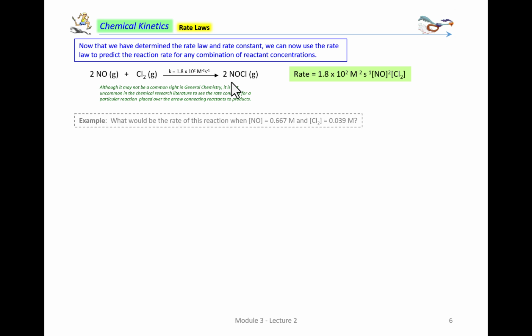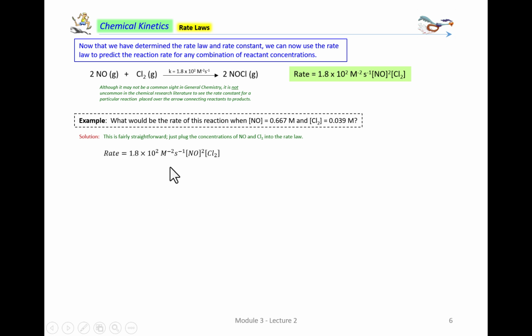So here's a question we can answer now that we've determined the rate law. Suppose someone asks, what would be the rate of this reaction when the NO concentration is 0.667 molar and the chlorine concentration is 0.039 molar? Well, this is pretty straightforward. Because we have the rate law, we can simply substitute in the concentrations of NO and chlorine and solve for a rate.